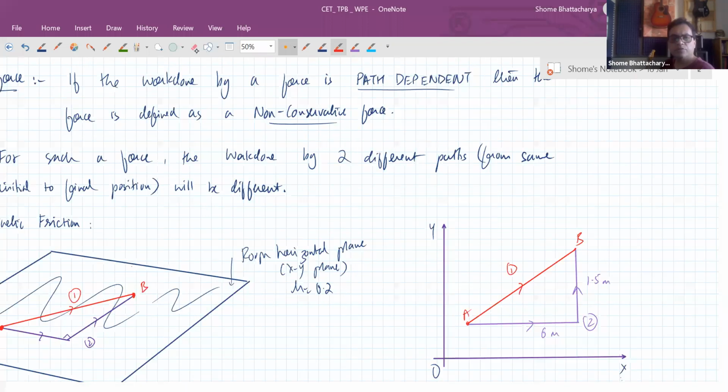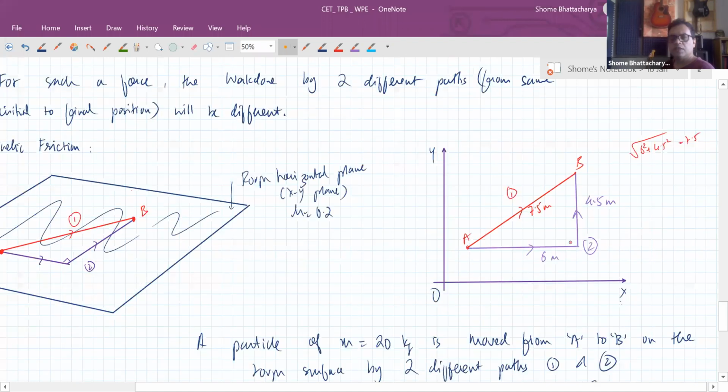This should be 4.5 meters. That's how the hypotenuse will come out to be 7.5 meters. This angle here is 90.